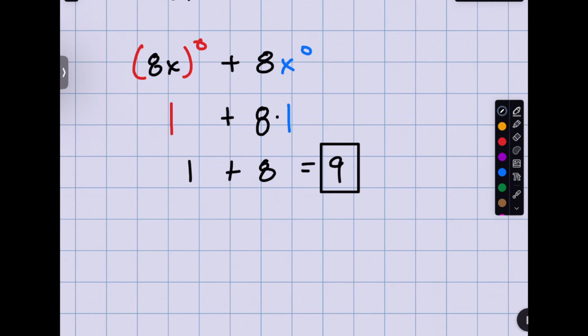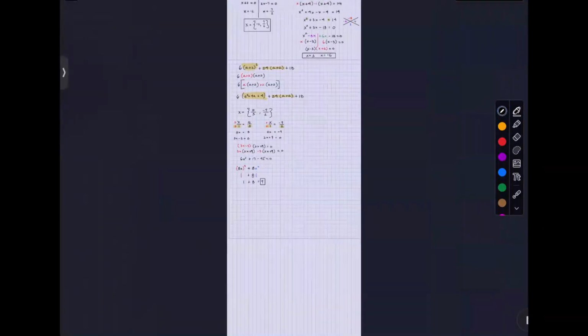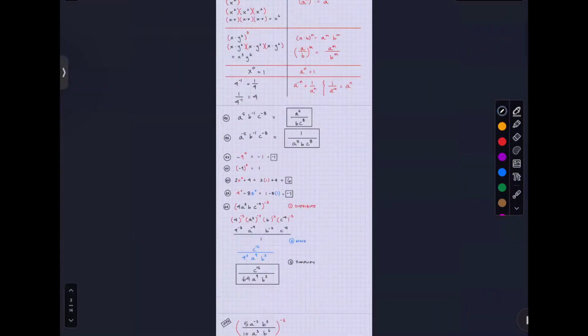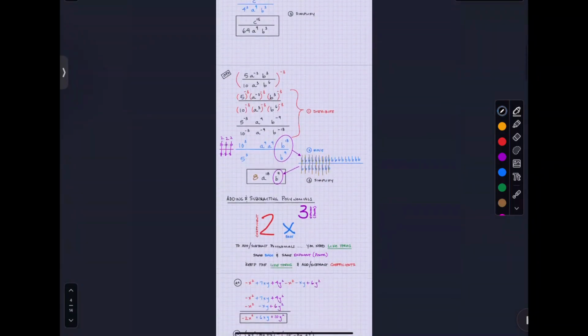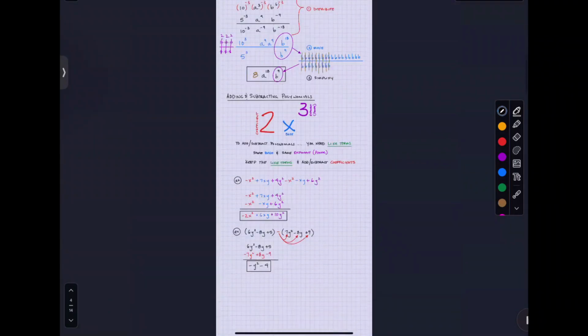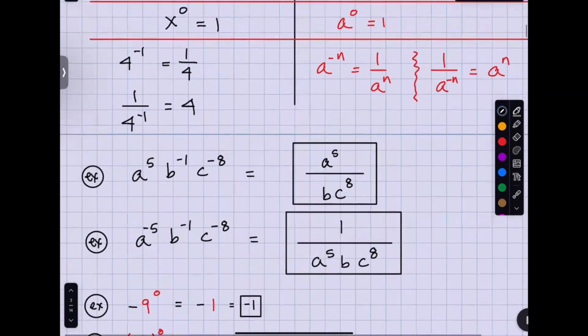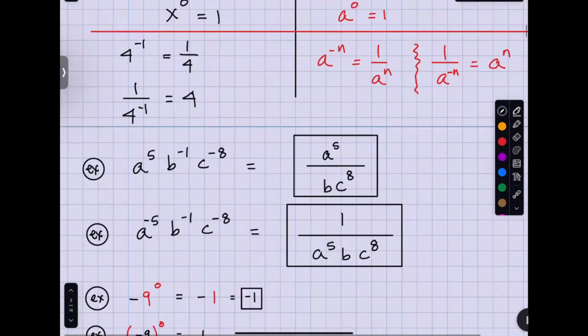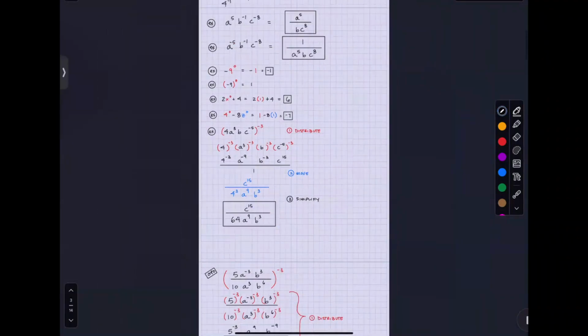If the parentheses is being raised to 0, that parentheses is all 1. Pretty sure I said it here in the notes, if you watched the video. Any other questions?